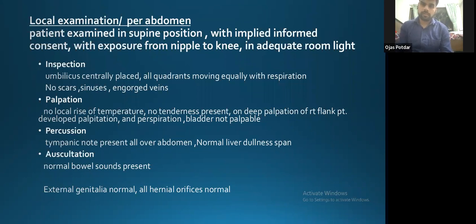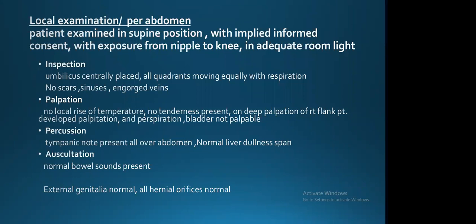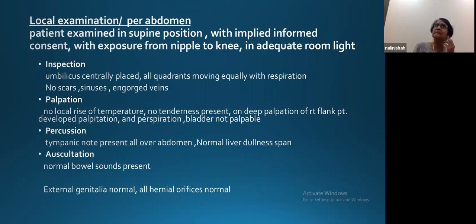Okay. So one question, Nalini madam: if we want to give a clinical diagnosis at the end of this history and examination, can we go directly to probably a Pheo or an extra-adrenal Pheo? The paroxysms, the way Ojas described it, and the way he elicited it on palpation, make Pheo a very strong contender.